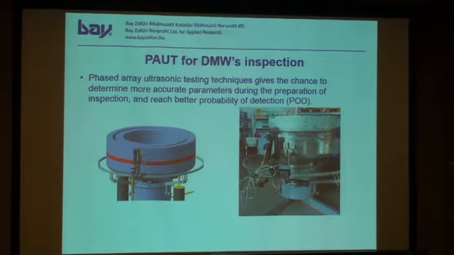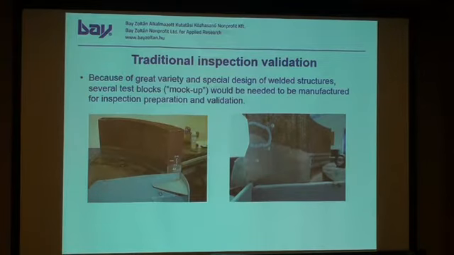And this is a very difficult issue, because the austenite welds always have huge grains, very oriented grains. And the problem is that if you have such a weld, you do not have any information on the grain size and the orientation, because you cannot get it in reality: if you cut the weld, it won't be a weld anymore. So we have to apply the simulation to calculate the grain size and so on.